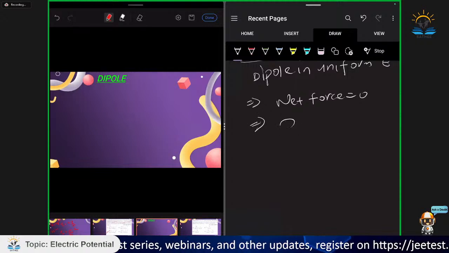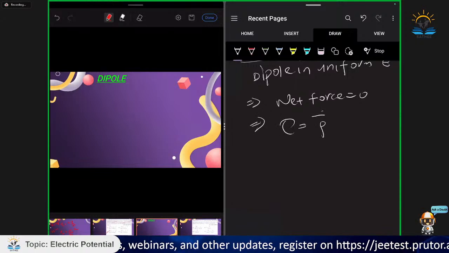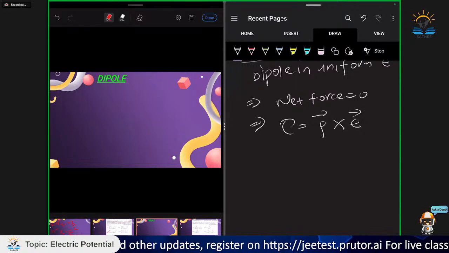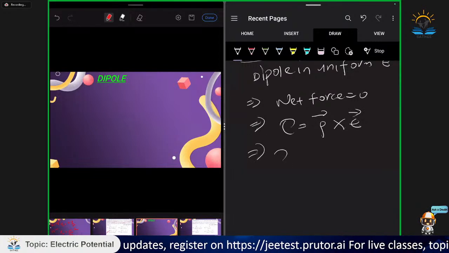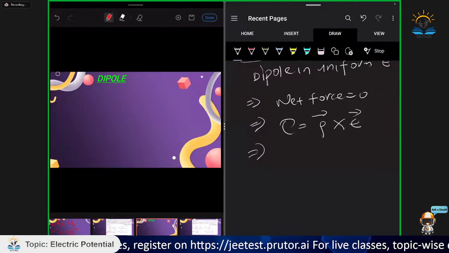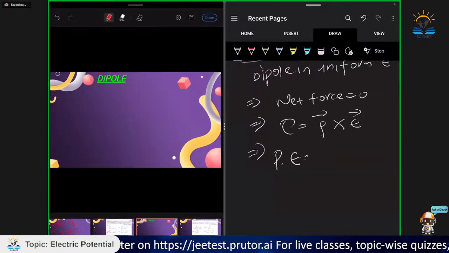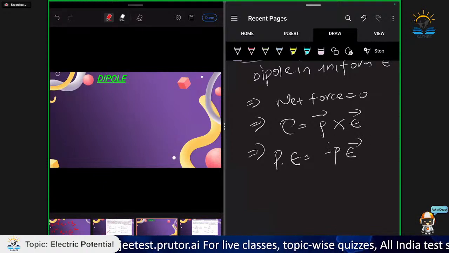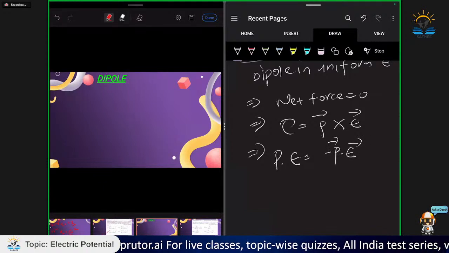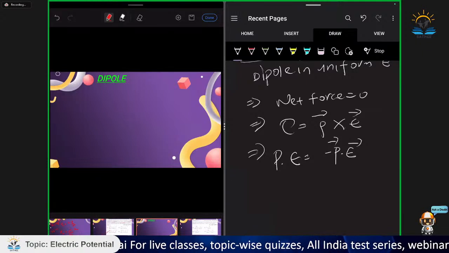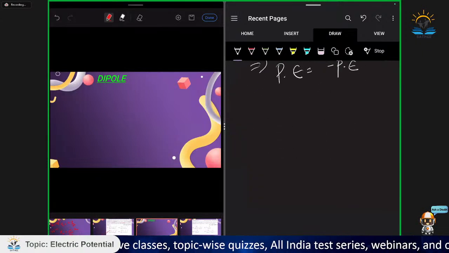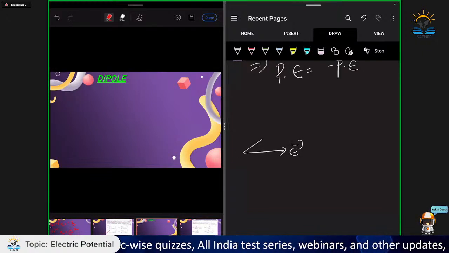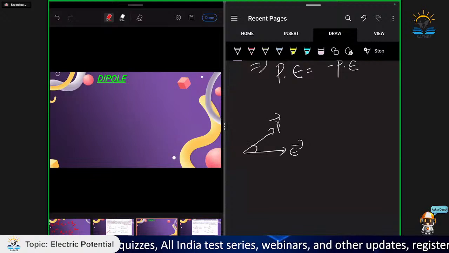And there is a torque, its equation is P cross E. And potential energy will be minus P dot E. See, this is the electric field, and this is theta.